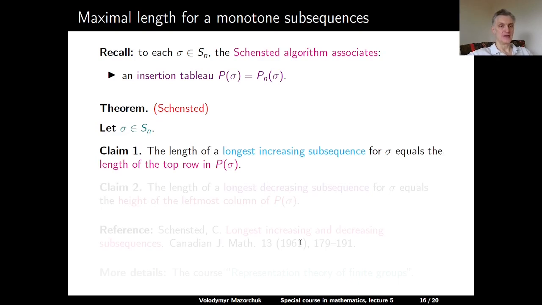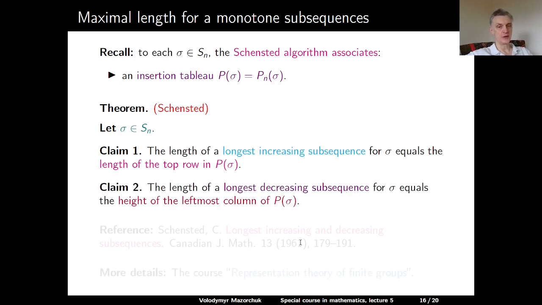Claim 1. The length of a longest increasing subsequence for sigma equals the length of the top row in the tableau P of sigma. Claim 2. The length of a longest decreasing subsequence for sigma equals the height of the leftmost column in P of sigma.